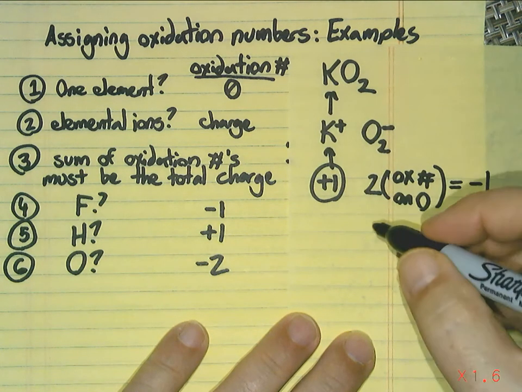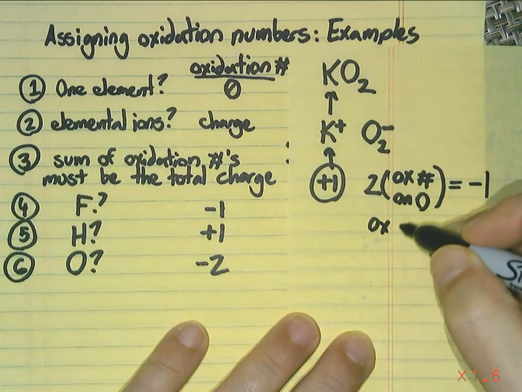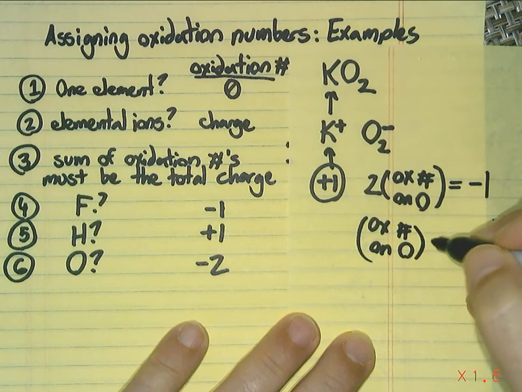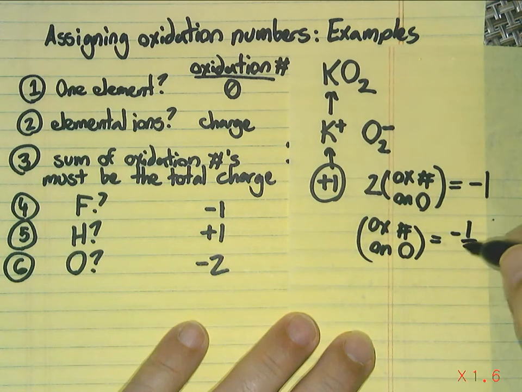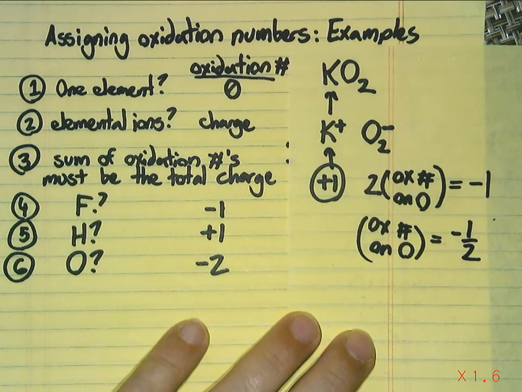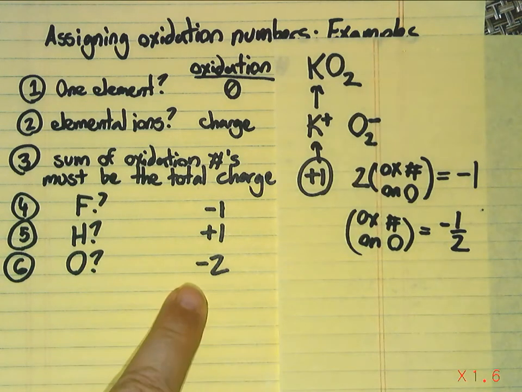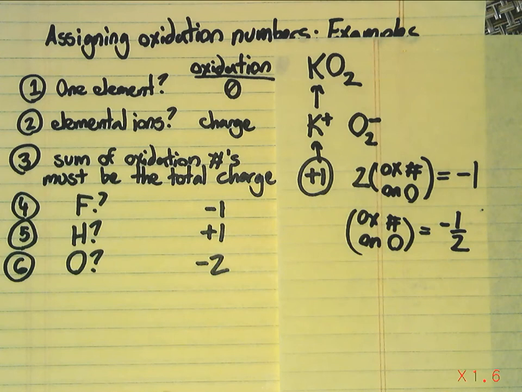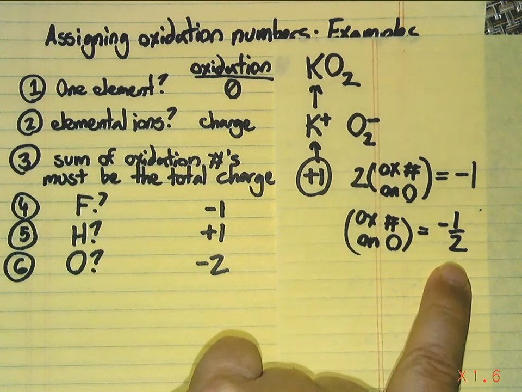If I divide both sides of this by 2, that's the oxidation number. So I don't ever use this rule down here. I can stop at rule 3 with this one, and it is possible to have a fractional oxidation number.